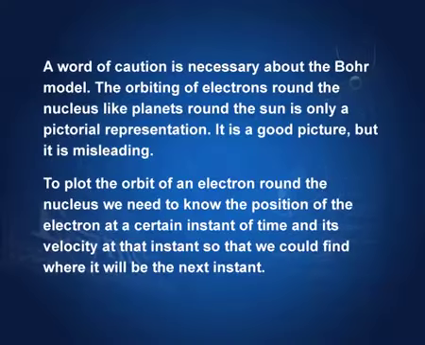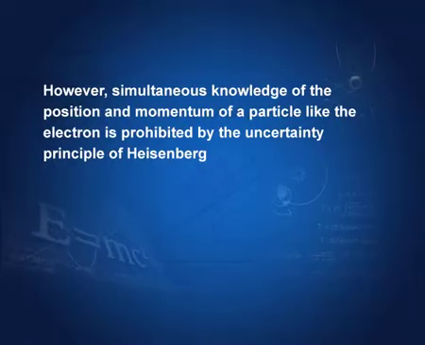Because if you want to plot the orbit of an electron, you need its position and its velocity at a given instant of time, so that you know where it would be at the next instant of time. But this is not possible, because Heisenberg's uncertainty principle says that you cannot know both the position and the velocity of the electron at the same instant. The knowledge of these two is prohibited by the uncertainty principle, and therefore, this is not the true picture.